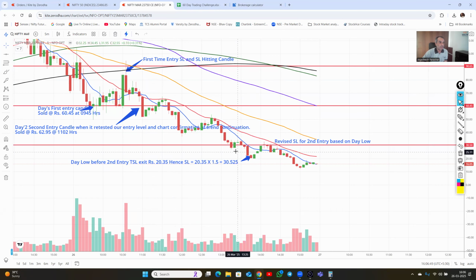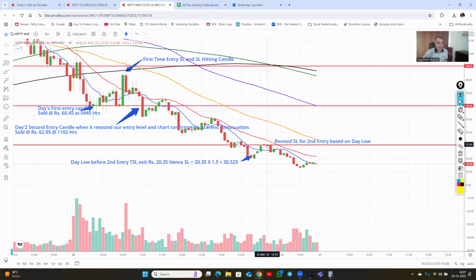To understand this better, as soon as the day low was made somewhere here, we would have moved our stop loss in between. The last day low at this point was 30.525, so the stop loss was based on this. 30.525 was the stop loss, 20.35 was the day low, but it went further.